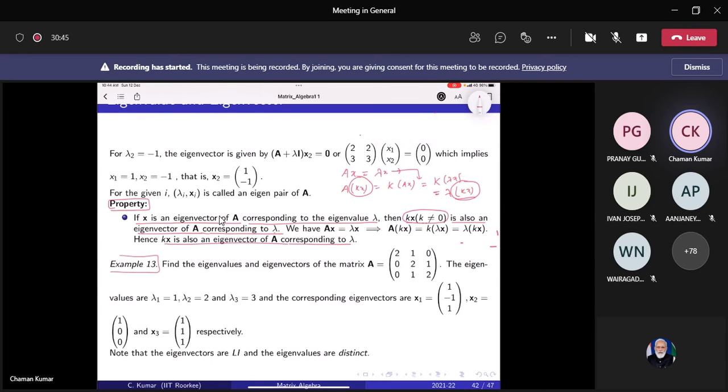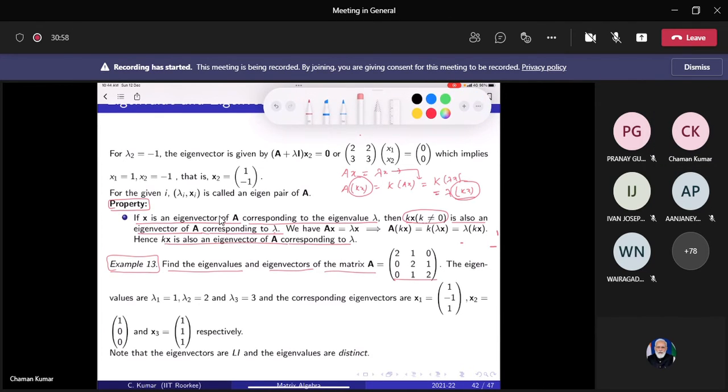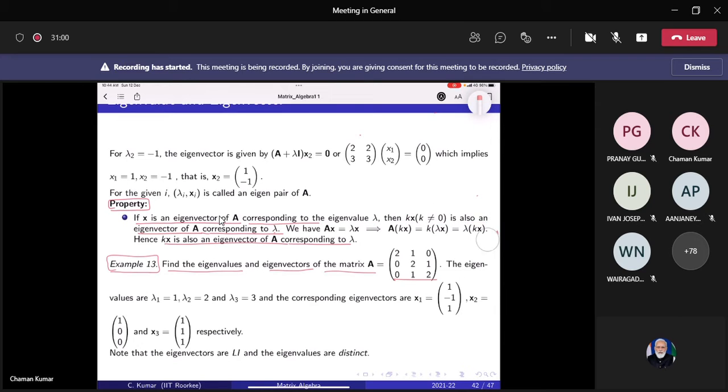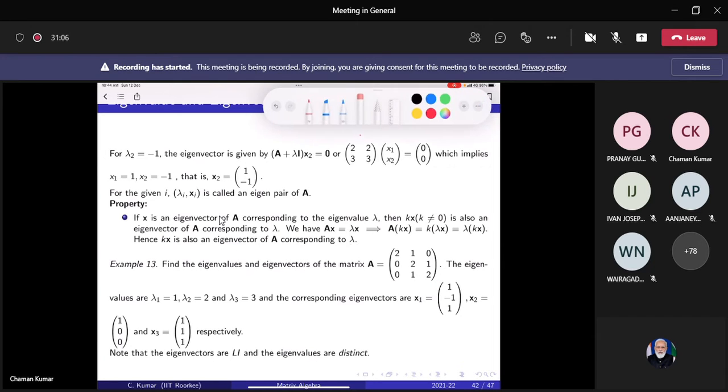We have one example here. Find the eigenvalues and eigenvectors of a matrix A. Here you can easily see, first of all you have to find the characteristic equation. So what is the characteristic equation?